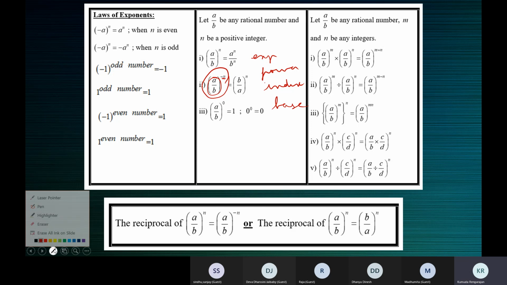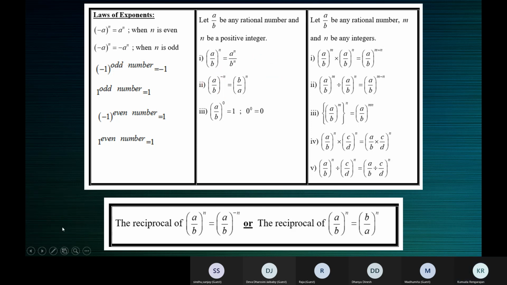Now you want to write the equivalent of A by B to the power minus n. You have some fraction raised to a negative power, and you want to make the power positive.